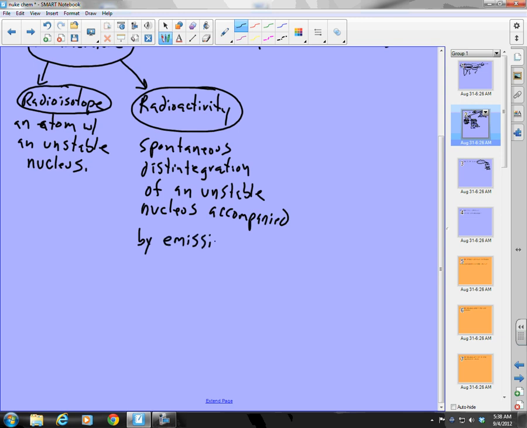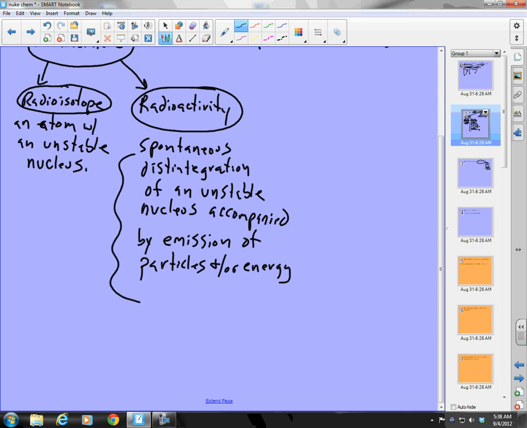That means spitting out, or throwing out. Emission of particles and/or energy. Good. Spontaneous disintegration of an unstable nucleus accompanied by emission of particles and/or energy.